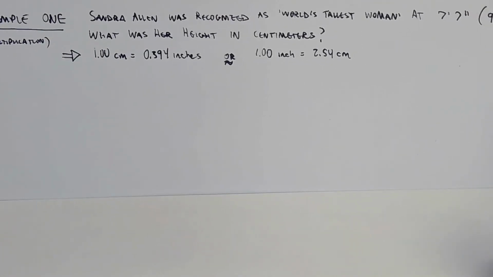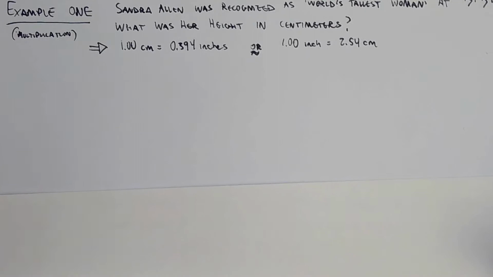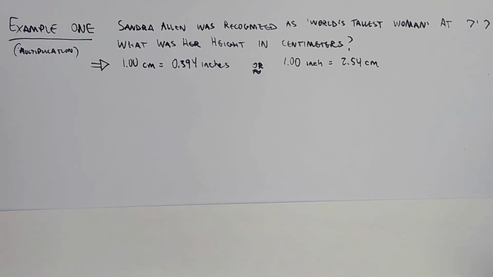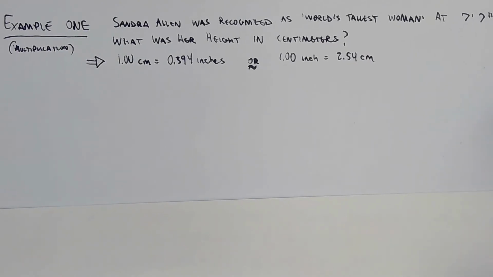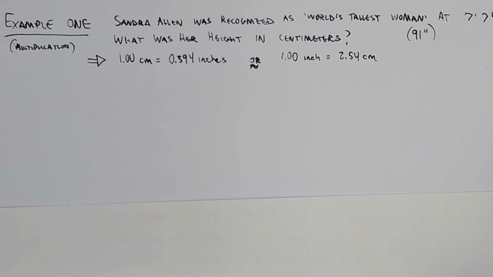All right, so as to not zoom too far out, we'll take a look at this and we'll go from there. So the first example: Sandra Allen was recognized as the world's tallest woman at 7 foot 7 inches. 7 foot 7 inches is also 91 inches. Okay, so there we go. We'll fit it all on the screen there.